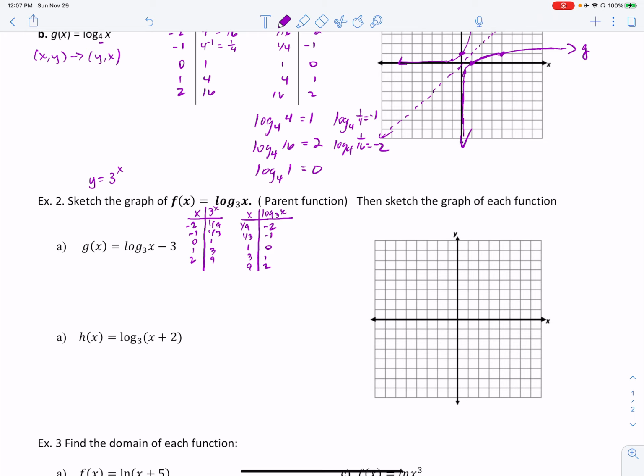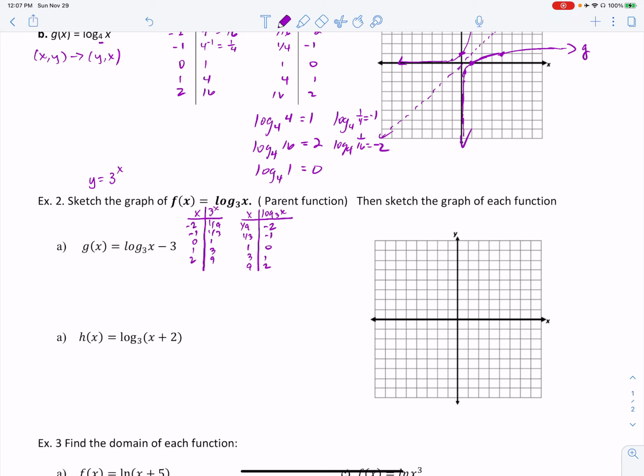So now what we're doing to this parent function is we are doing transformations. And it said, first of all, sketch the graph of f of x is equal to log base 3 of x.